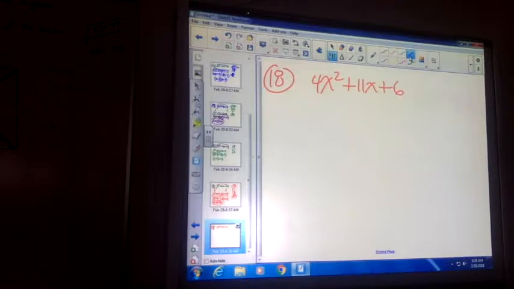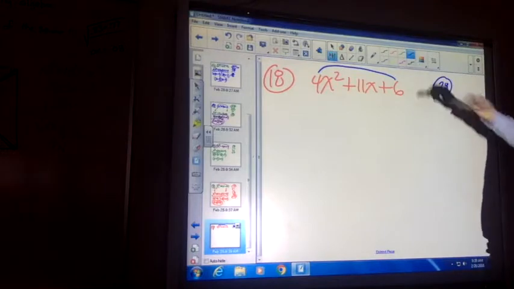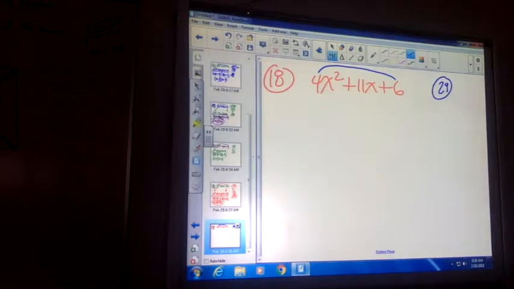They all have an x, but I can't take a number out of 4, 11, and 6 that's the same number. What's my magic number? 24. In order to get to there, I need either positive, positive, or negative, negative. They're both positive because all the signs are positive. The factors of 24: 1 and 24, 2 and 12, 3 and 8.